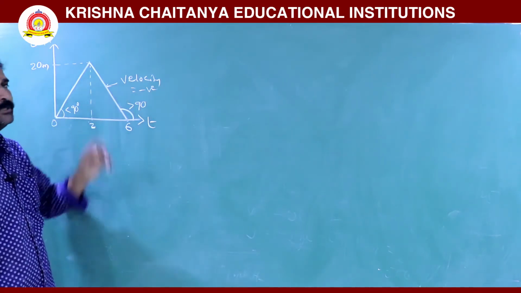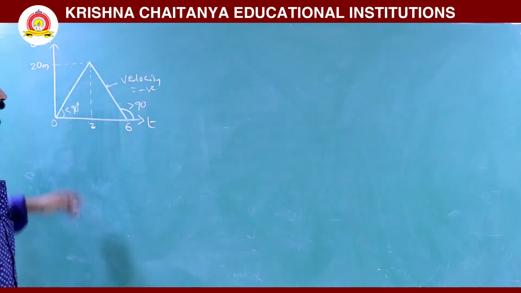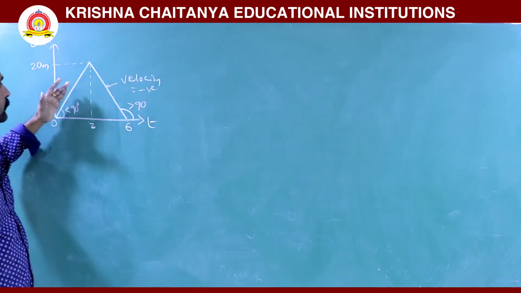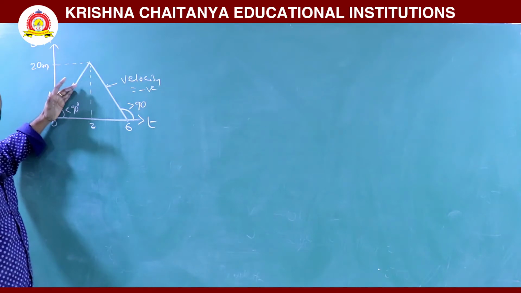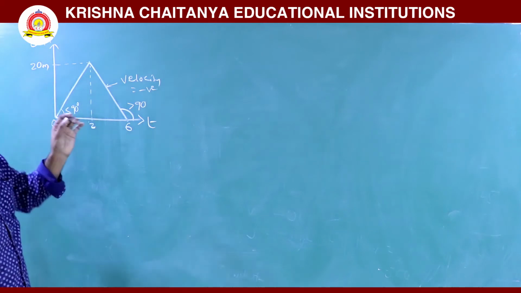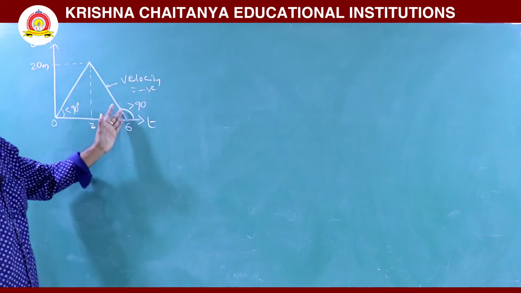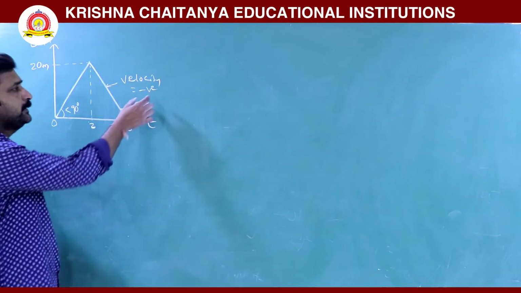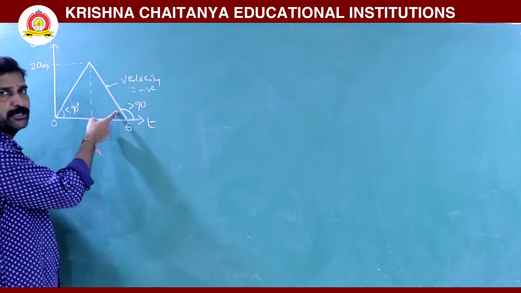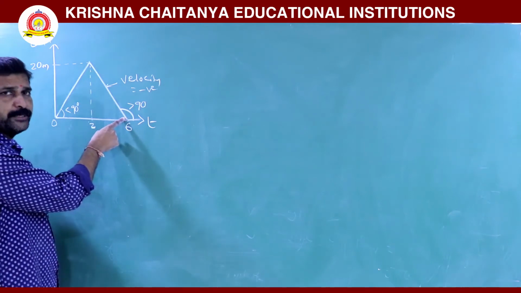Here velocity is positive. But in both cases there are straight lines, so the slope is constant. From 0 to 2 seconds it moves with some constant velocity, and here it moves with another constant velocity in the opposite direction. How do you say it is constant velocity? A straight line means the slope is constant.